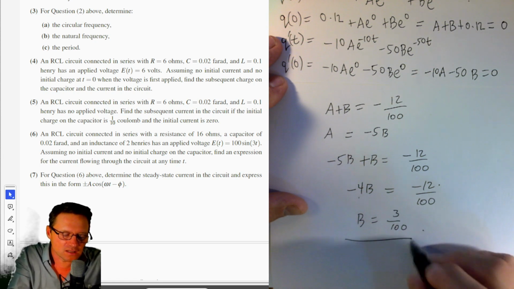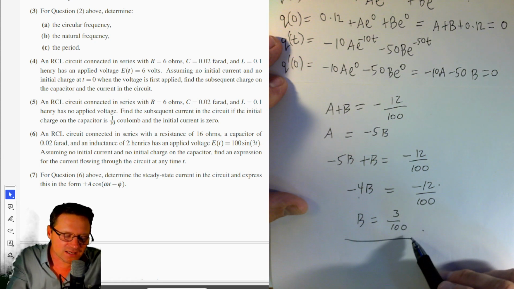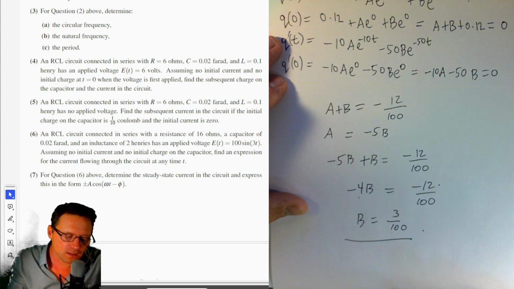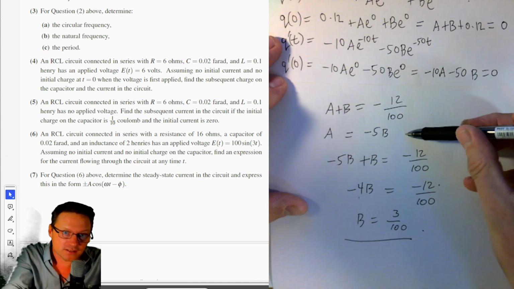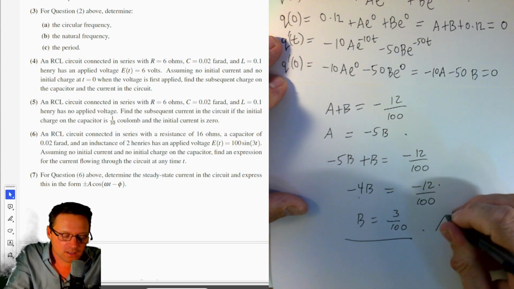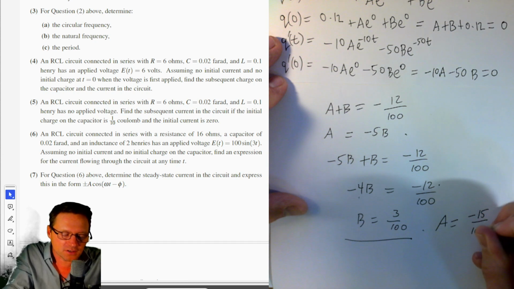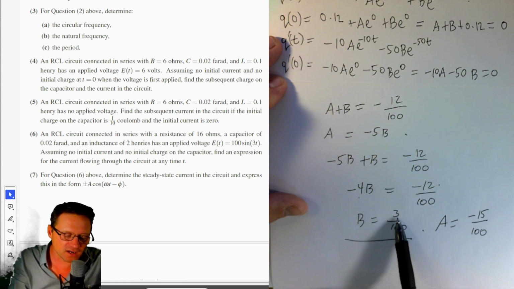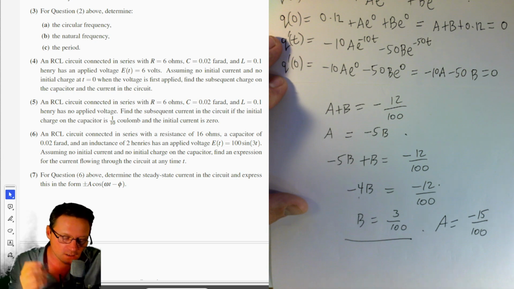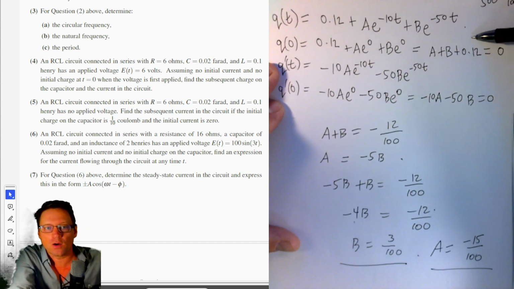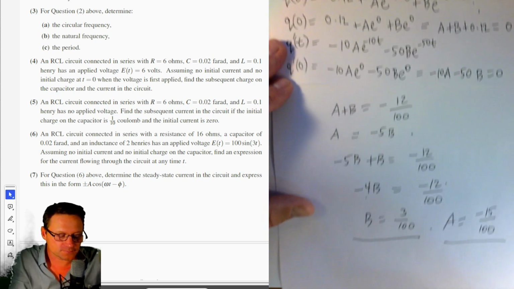Okay, so there's b. Now we need to use this to get a. So let's just sub that into the second equation and write a is equal to minus 15 over 100. So minus 5 times 3 over 100. Okay, great. So let's use the two of these, sub that into our q of t.